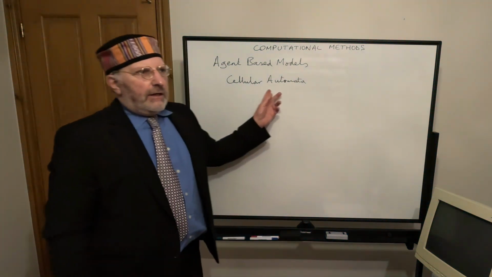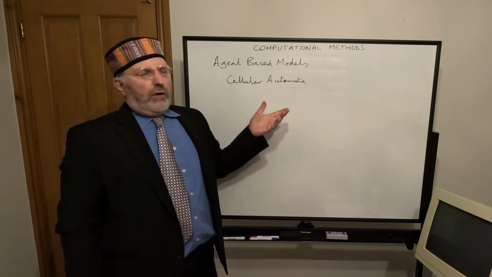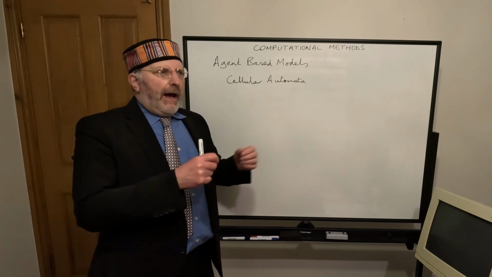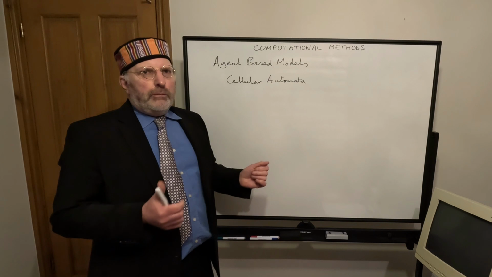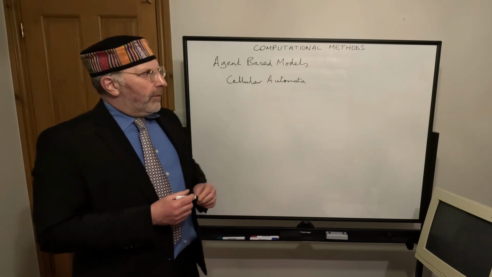Related to that is the idea of cellular automata. Now, in the Sugarscape example, the agents can move around as they could in Schelling's chessboard neighbourhood segregation model. They could move to empty squares.